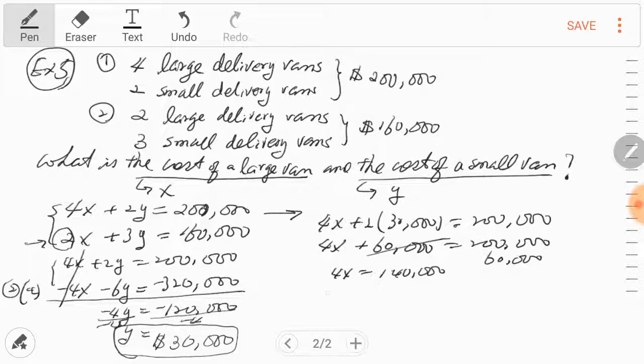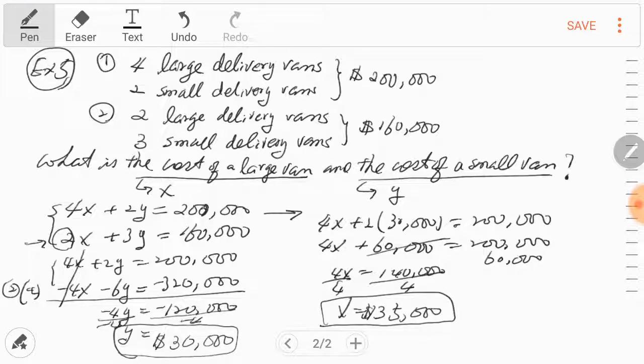Then x equals, divide each side by 4. Then $35,000. Okay, so the cost of a large van is $35,000 and the small van is $30,000.